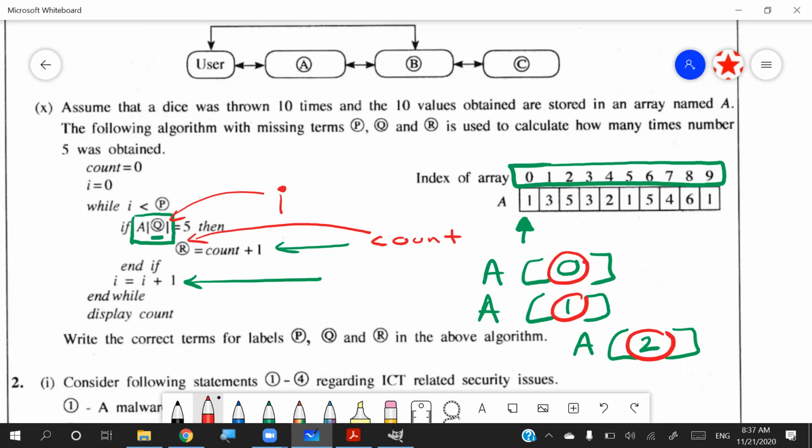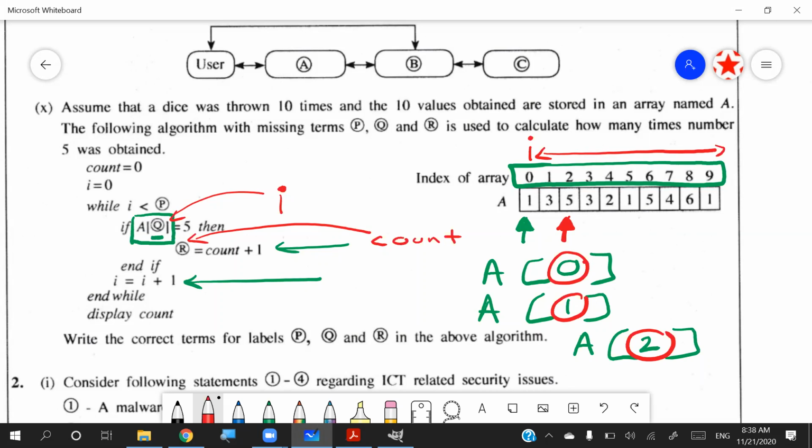When it is increased, it is compared with 5 to see whether the value equals 5. When we come to A2, it equals 5, so they increase the count by 1. So Q is I, R is count, and P is about I, so the range of I starts from 0 and goes until 9, right? This is the range of I.